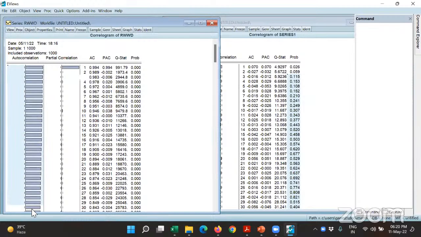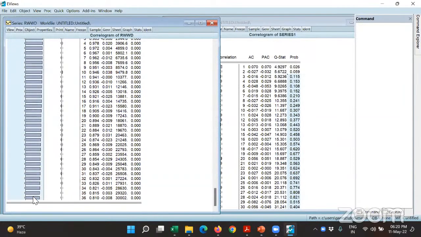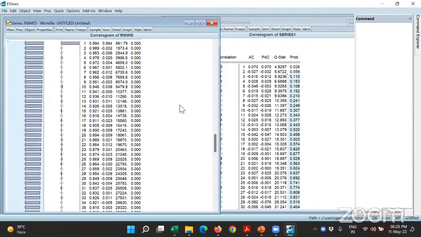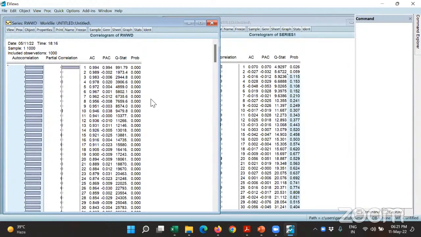These observations are actually statistically significantly different from zero. All your p-values are less than 0.05, the cutoff. That means the correlation you are getting is a non-zero correlation. It's a high correlation in this kind of data set. So the correlogram also tells you about the nature of the relationship between the variables itself.